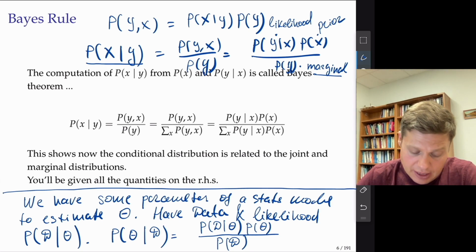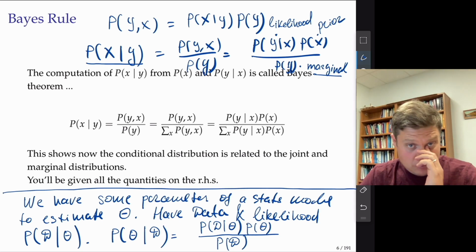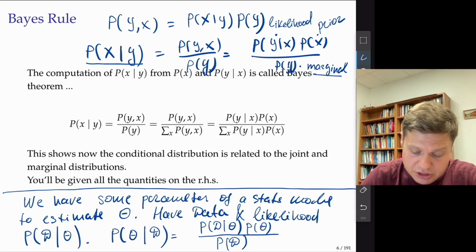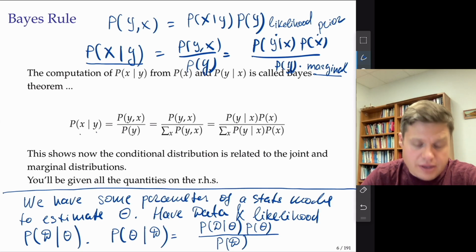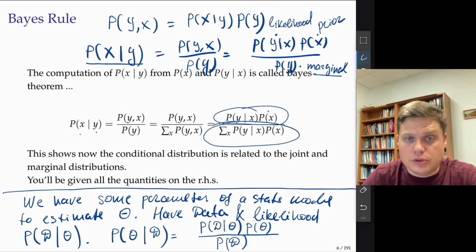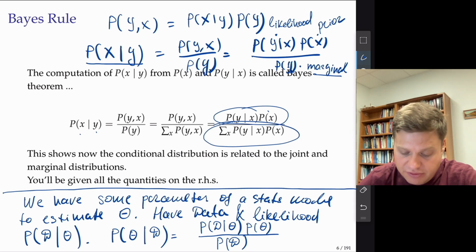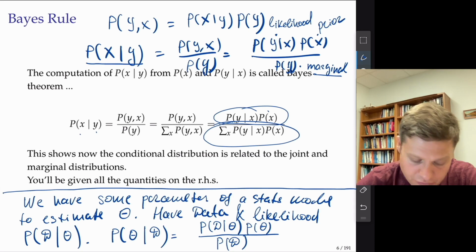Okay, so that's why those names are used in the Bayes rule. All right, and now we just go back to the formula. So we have probability of x given y. This is the general formula, and this is just probability of y given x times p of x divided by the marginal. Again, if we want to get the marginal, we just have to sum out one of the variables. That's what we do here. And again, if you want to do it for continuous variables, it's going to look exactly the same.